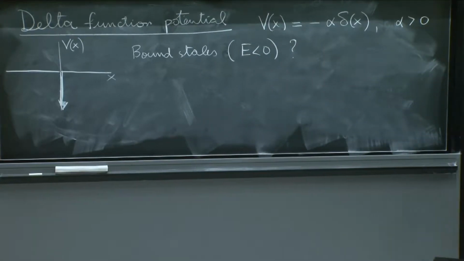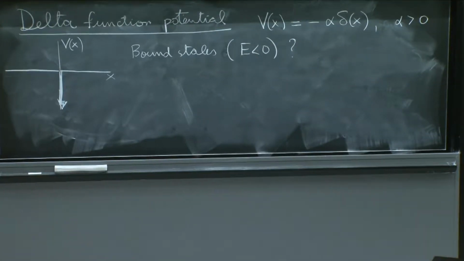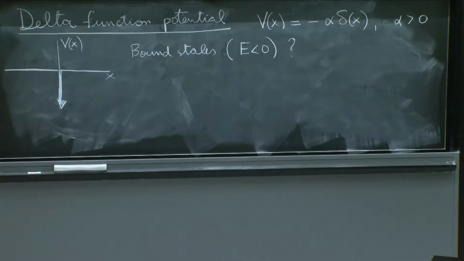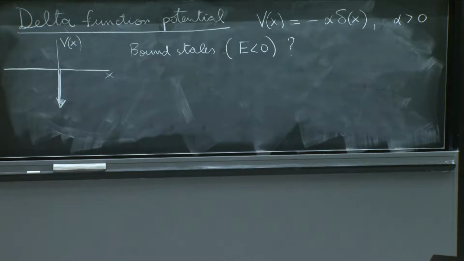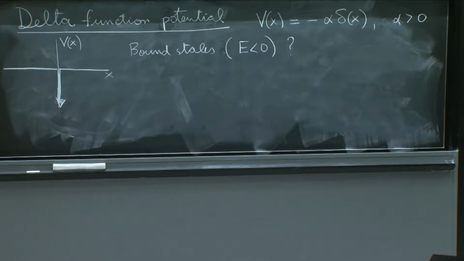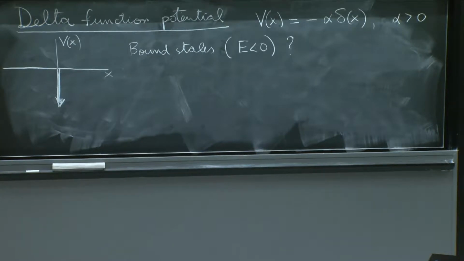Does this potential have bound states? And if it does, how many bound states? 1, 2, 3? Does it depend on the intensity of the delta function? Do you get more bound states the deeper the potential is? Well, we'll try to figure that out.